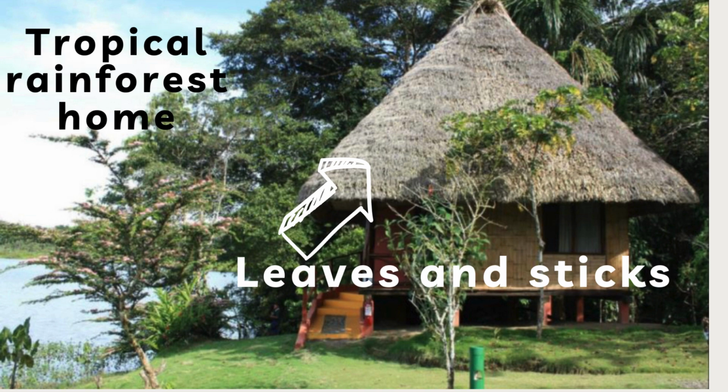Yes, you said picture B, and you are right. So here, the tropical rainforest home also has a slanted or inclined roof, but here it is made up of leaves and sticks. Okay, made up of leaves and sticks.